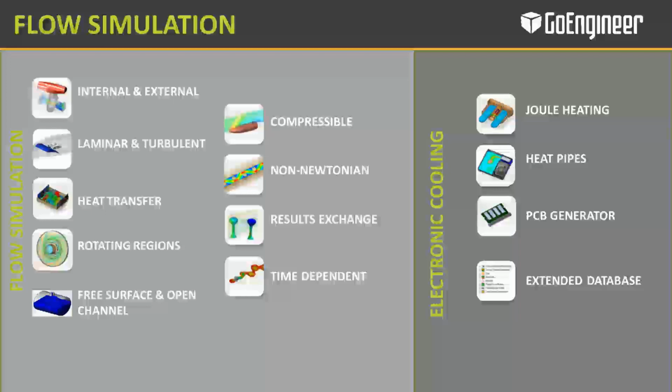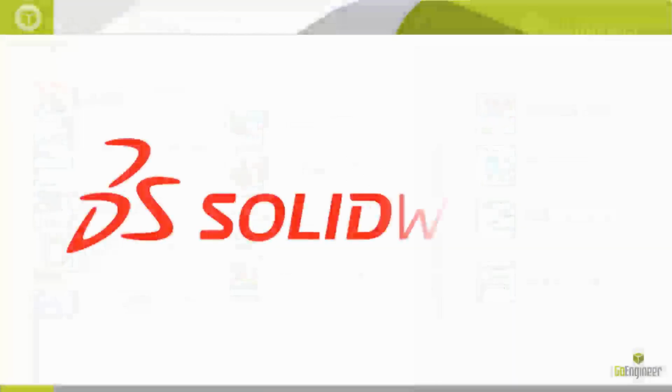And this electronics cooling is specific to the electronics cooling industry, and I'll be talking about a few of the features that I use that are only part of the electronics cooling. But again, you want to think of heat pipes, joule heating, PCB generator, two resistor components, and a few other features like that. Okay, so let's go ahead and switch to SOLIDWORKS and take a look at what we have.